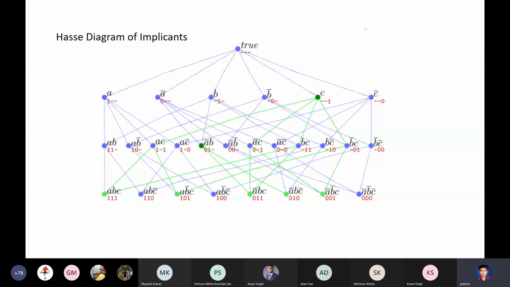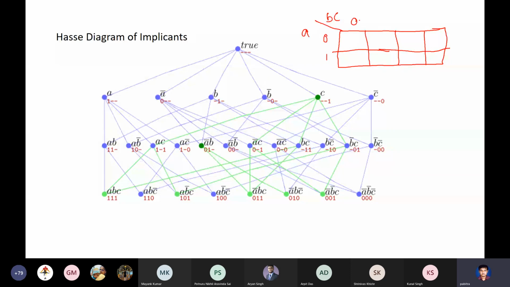So if your Carnot map is like this, this is A, 0 and 1. This is, let's say, BC: 0 0, 0 1, 1 1, 1 0. So what are the true min terms? ABC. ABC is this.